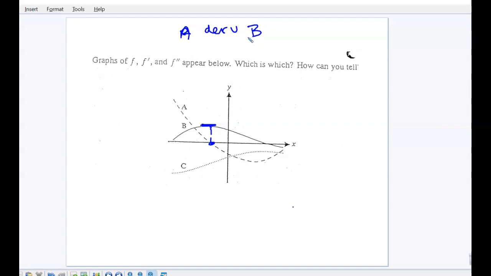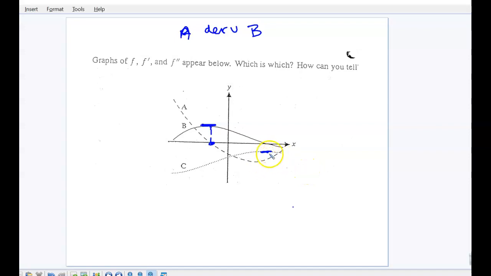Now, if we take a look at the next graph, it looks like this graph is graph C. It's increasing till it hits right about here, and then it's decreasing.